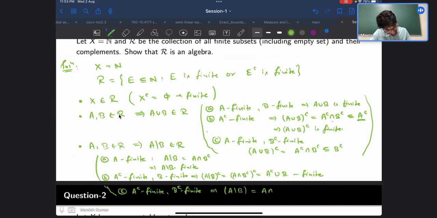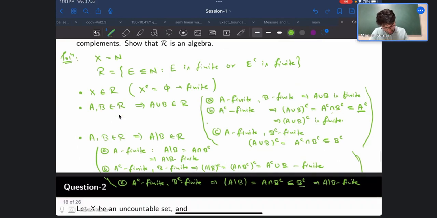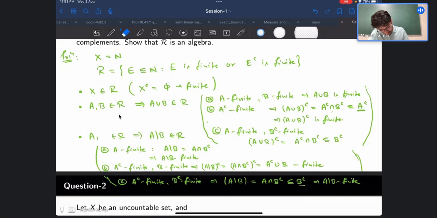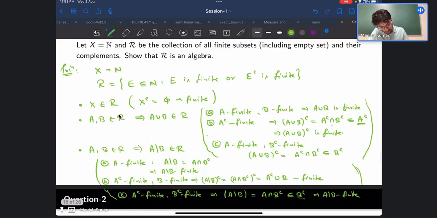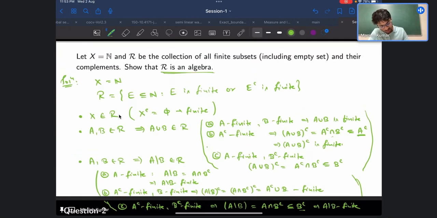So I will get A intersection B complement, that this is subset of B complement. So this is finite, so this is finite. This implies A minus B finite. So these cases, in the same way we can do these two things. It's just some simple checking that we need to do. And hence, since all these properties hold, this R is an algebra.